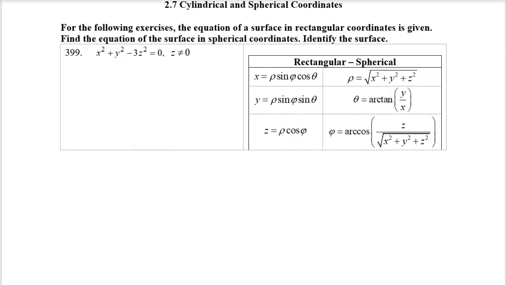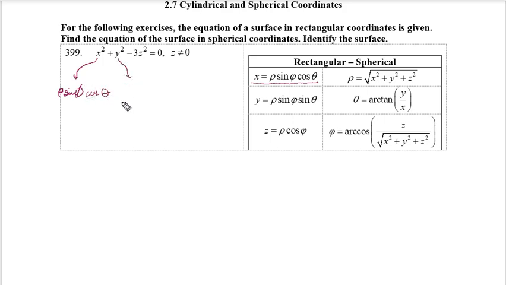Now we're trying to come out with the spherical equation for this rectangular equation. So I guess what we'll do is just take each of the variables and replace it. Here's the x, which we'll replace with rho sine phi cosine theta.